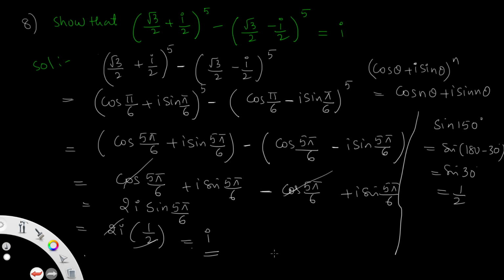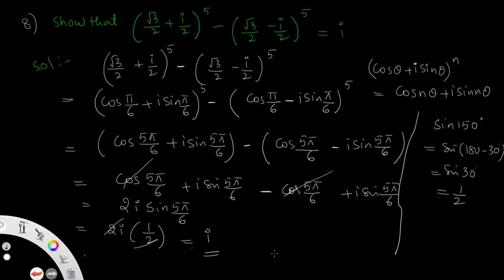What is the question given? (√3/2 + i/2)^5 − (√3/2 − i/2)^5 equals i. So nothing but (cos pi by 6 + i sin pi by 6)^5 − (cos pi by 6 − i sin pi by 6)^5.